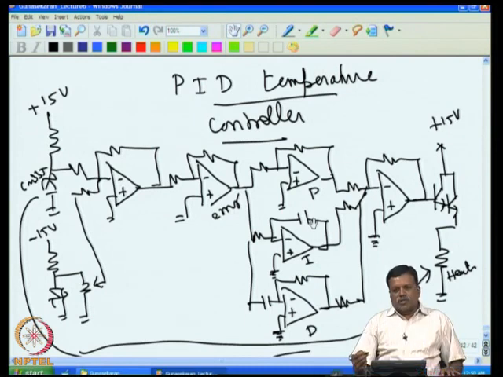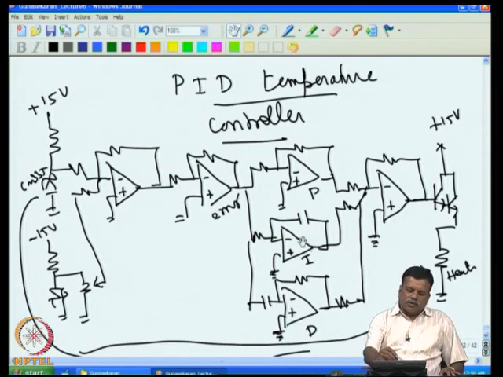Now there are two issues which come up. By adding an integrator, what happened? We have removed the error, but the integral time constant is kept equal to the system time constant.